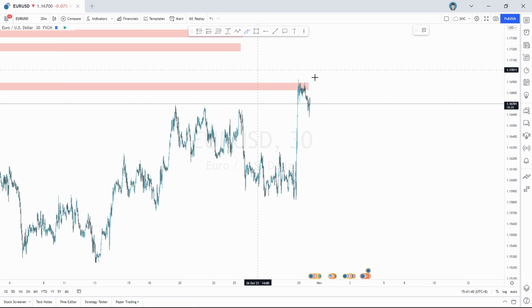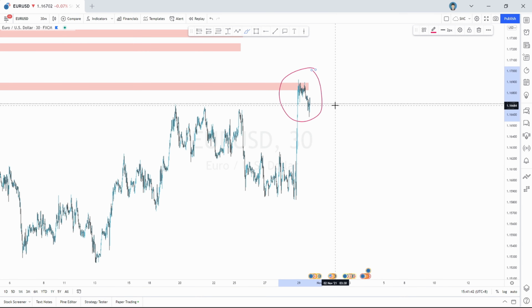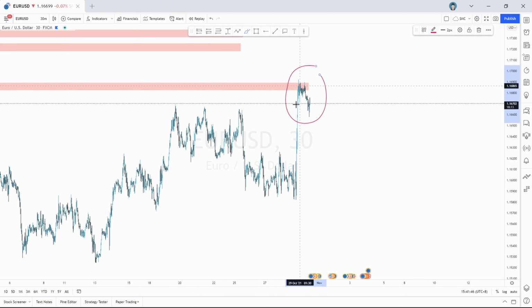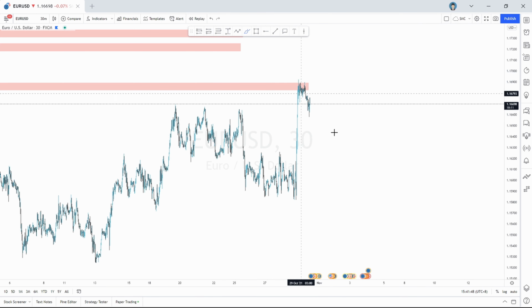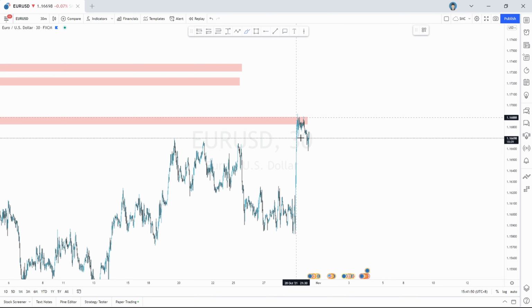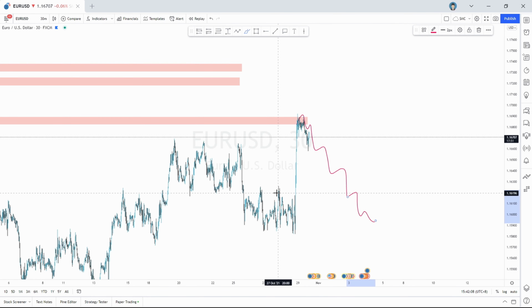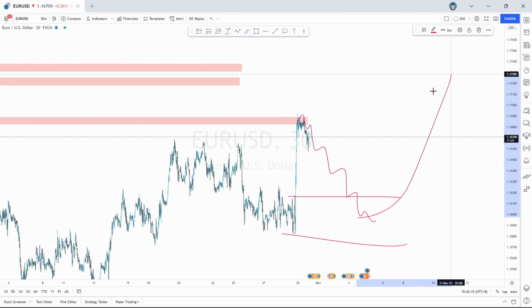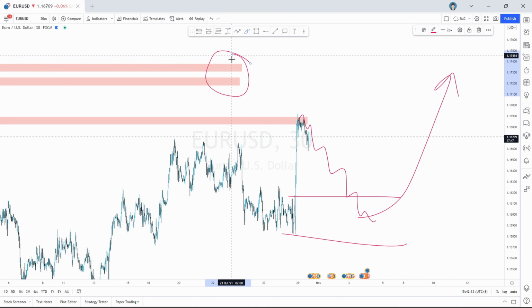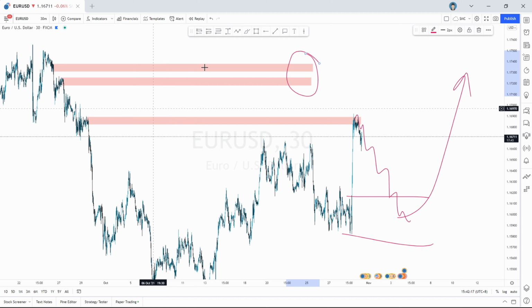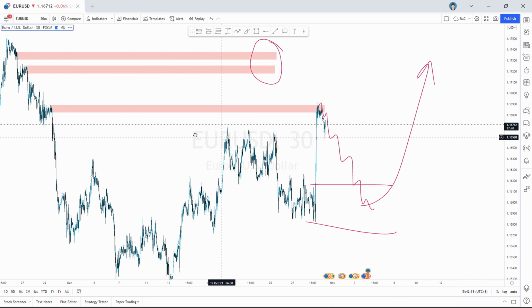Now for me, what I see in the story of it is this didn't hold, but price mitigated it. Meaning this could possibly be a pullback zone. What I mean by a pullback zone is price reacting to that. Now price will do a pullback and come mitigate some demand zones here, then continue to the upside, mitigating more refined POIs over here or unmitigated supply zones over there.